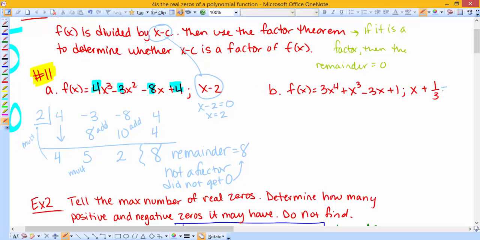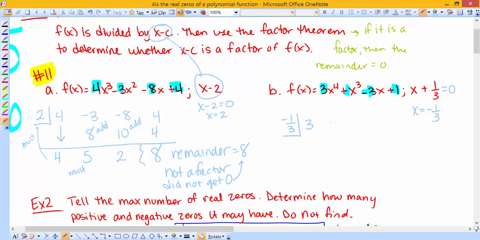So for this next one, I put this equal to 0, so x will equal negative 1/3. So negative 1/3 is the value that will go in my backwards house. Now let's see. I have a 3, a 1, -3, and a 1. So let's look for placeholders. I have 4, 3. My exponent of 2 is missing, so that will need to be a placeholder.